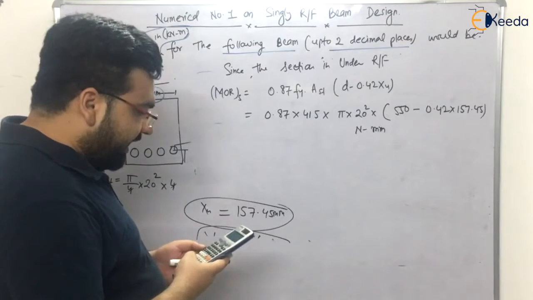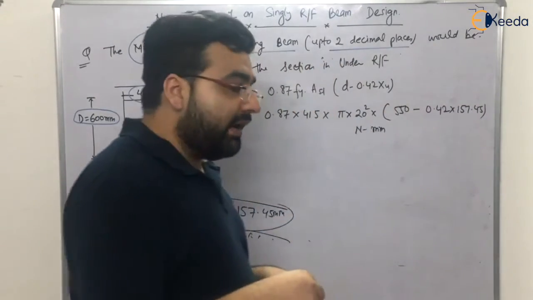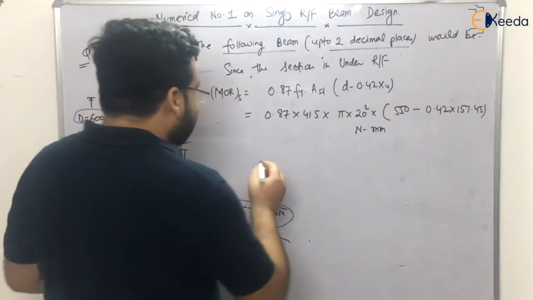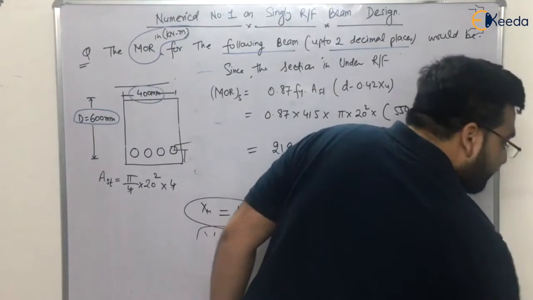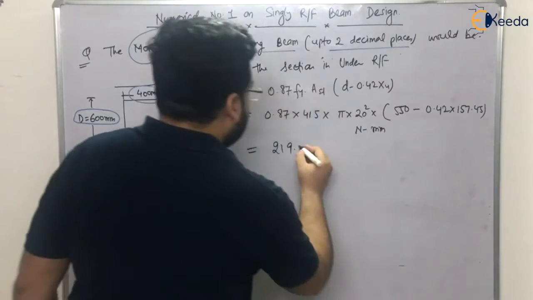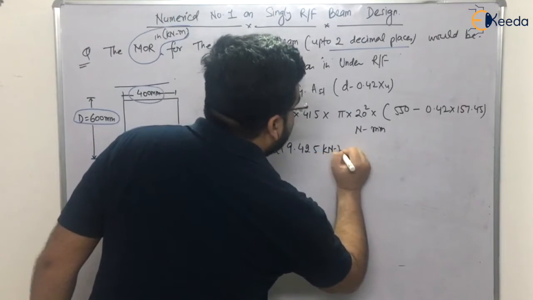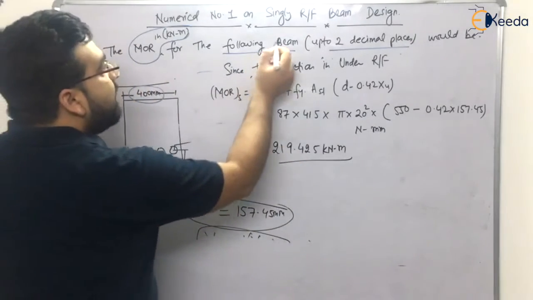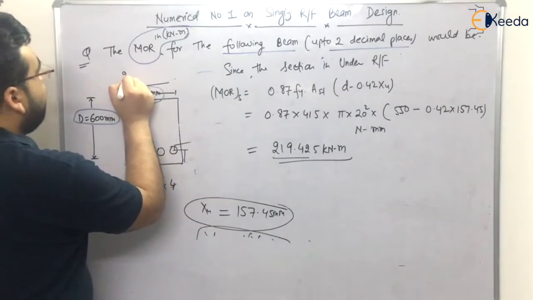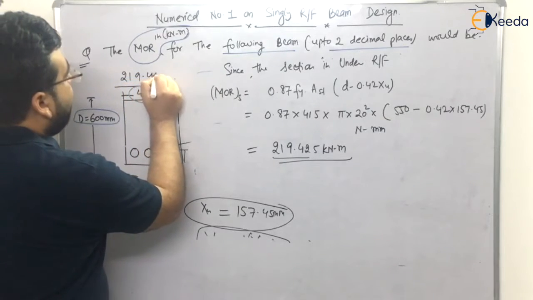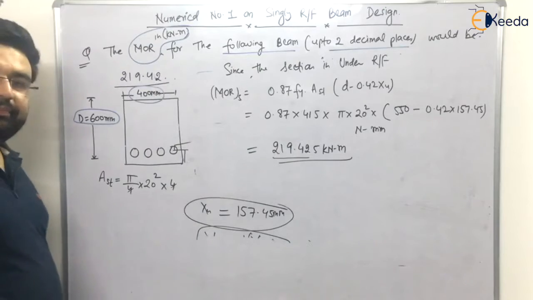The answer which I am getting is 219.42 kilonewton meter. I hope everybody is getting the same answer. 219.425 kilonewton meter. So the answer up to 2 decimal places will be 219.42. So this is the right answer.